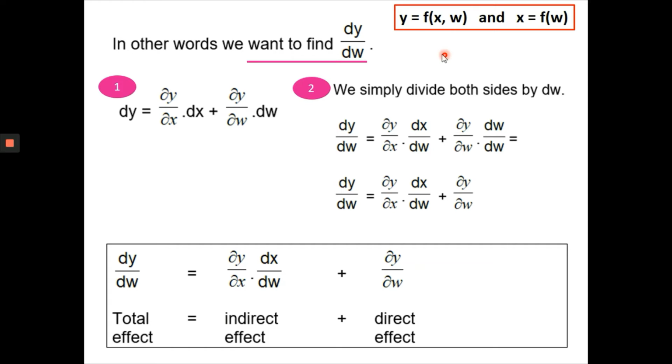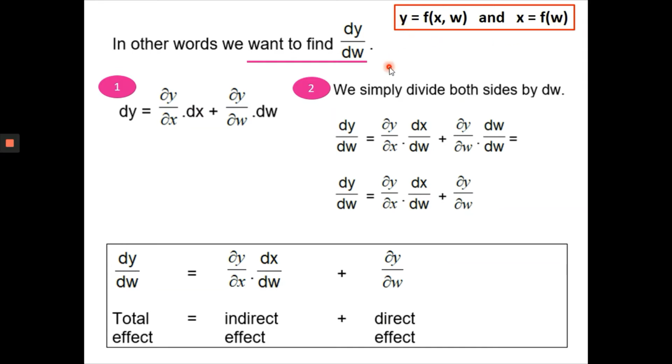So if we work with the function y equals a function of x and w, and then we further know that x is a function of w, then as we saw in the previous slide, ultimately w is driving the change in y.